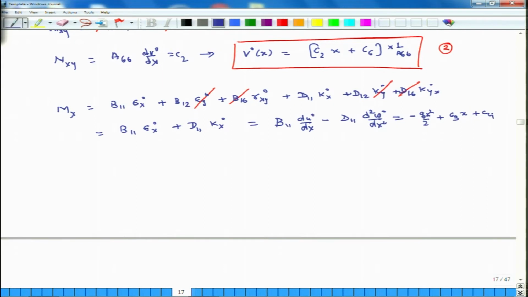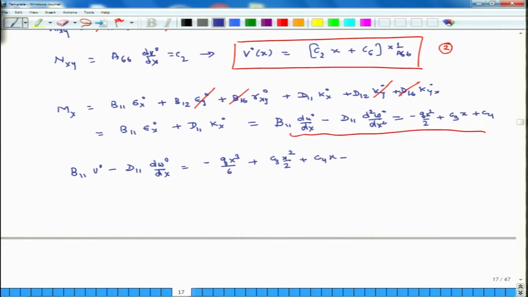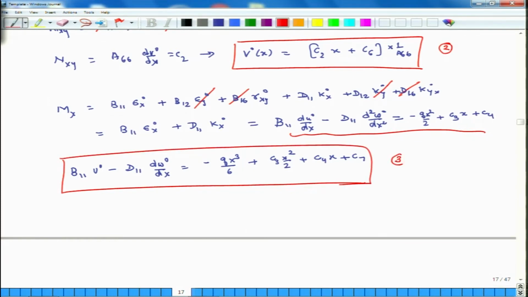So, if I integrate this whole thing once and I rearrange my things, what I get is B11 u naught minus D11 dw naught over dx is equal to minus qx3 over 6 plus C3x square over 2 plus C4x plus C7. So, this is my third equation.